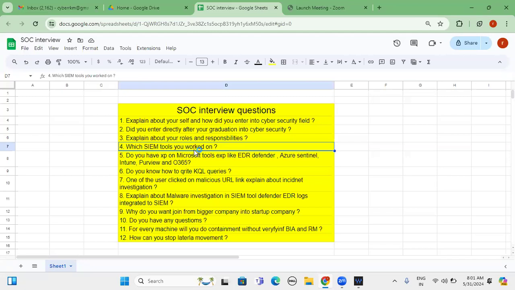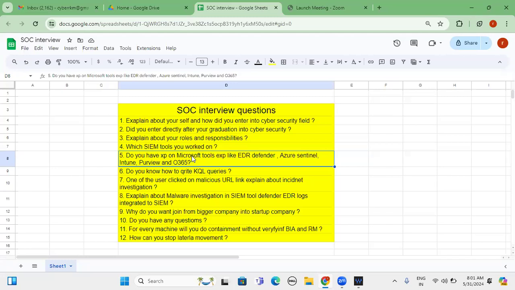So he has to explain about those tools. But the client has some other requirement. What is that requirement? They basically need an entire Microsoft-based tools person. Those tools are Microsoft Defender EDR tool, Azure Sentinel, Azure Purview DLP tool, and also the Office 365 phishing email investigation tool.